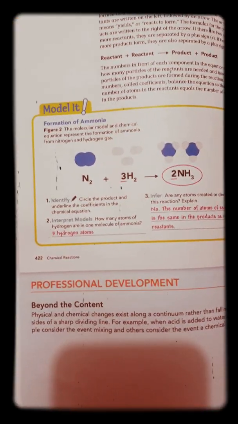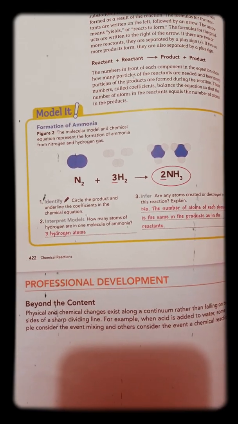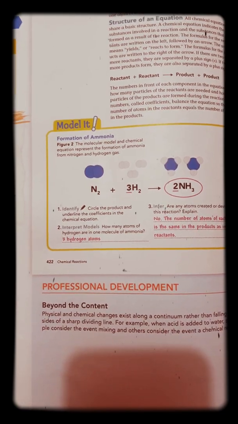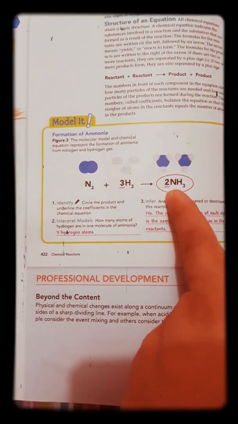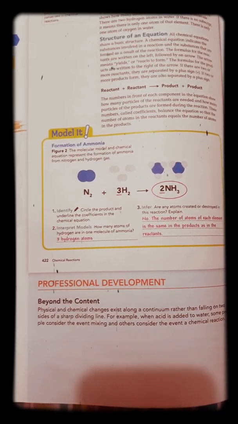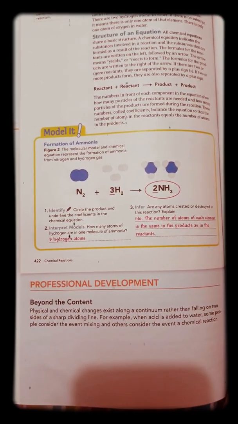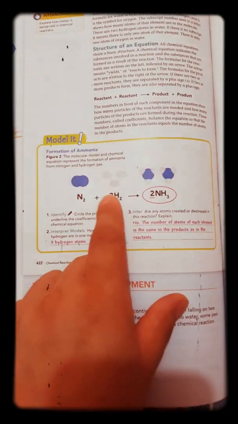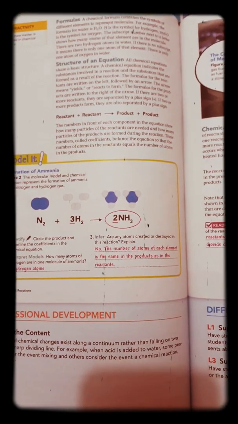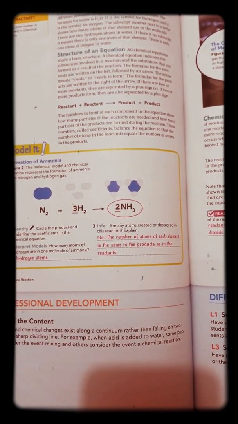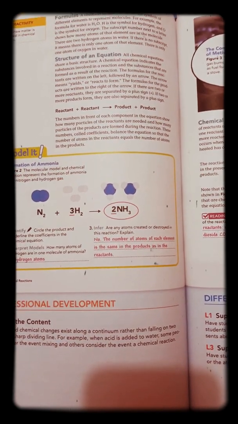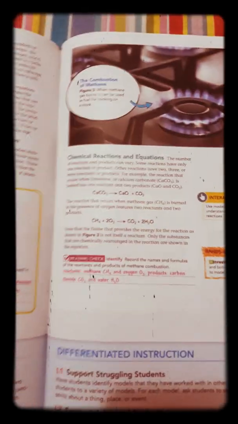Also identify with a circle the product, which is this, with the coefficients, underline 2 and 3. Interpret the models: how many hydrogen atoms are in one molecule of ammonia? 3 hydrogen atoms. It says, are any atoms created or destroyed in this reaction? The answer is no. The number of atoms of each is the same in the products as in the reactants.